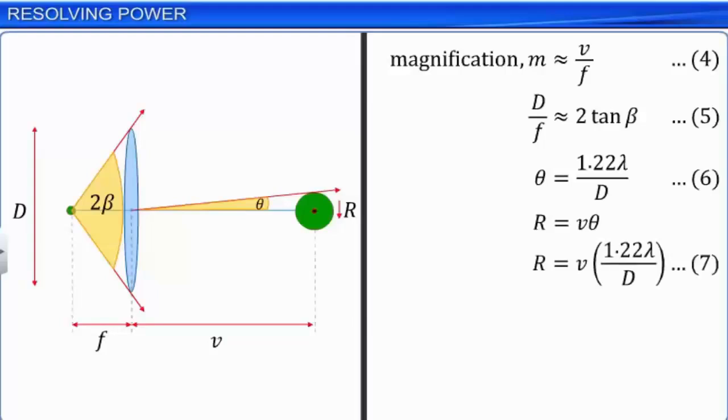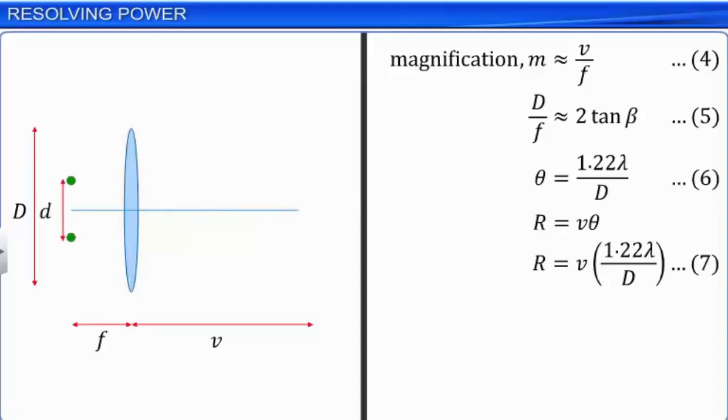If we have two objects separated by a small distance before the objective of the microscope, we observe two diffraction patterns corresponding to the two images. As the separation between the two objects decreases, the distance between the two images also decreases.